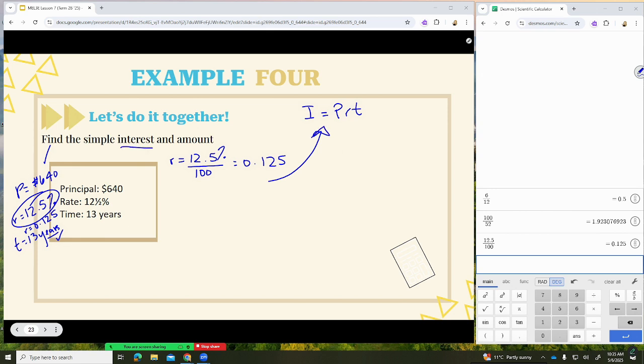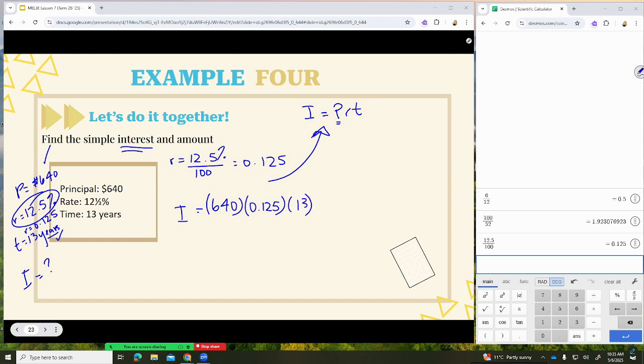We want to find interest, so the I is unknown. That's what we're trying to find. So I equals, we're going to plug in the numbers. Instead of saying P, we know that P is $640. Then R we calculated to be 0.125, and T is 13.